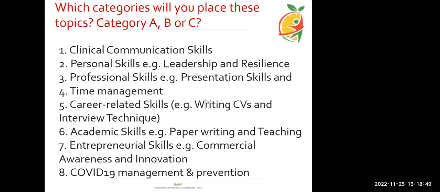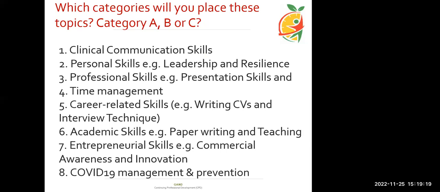I see that in the chat, people are going for A and some are for C. One is for B. It looks like the A's are getting the majority. So I think that number one is a category A activity because it goes on your technical professional skills.